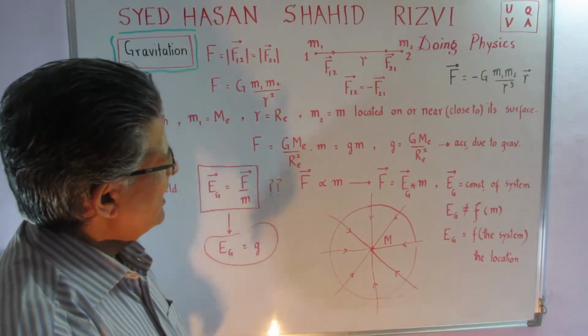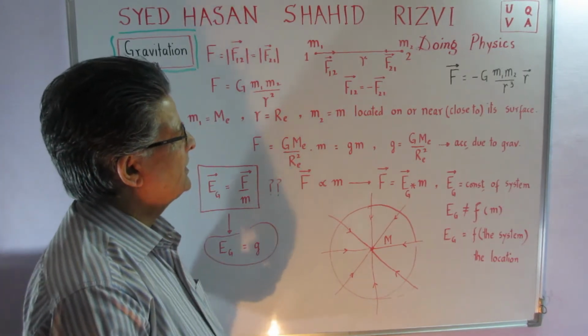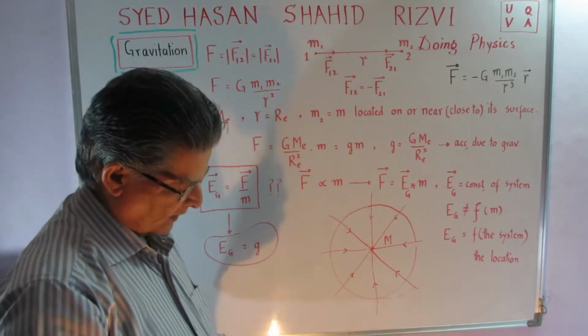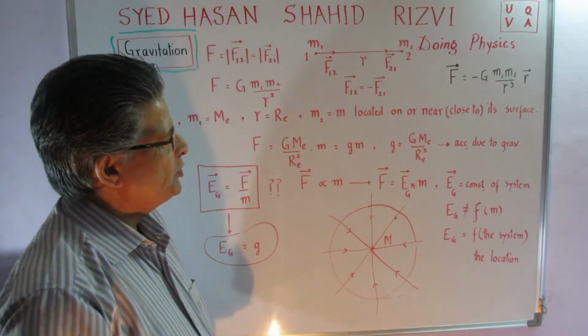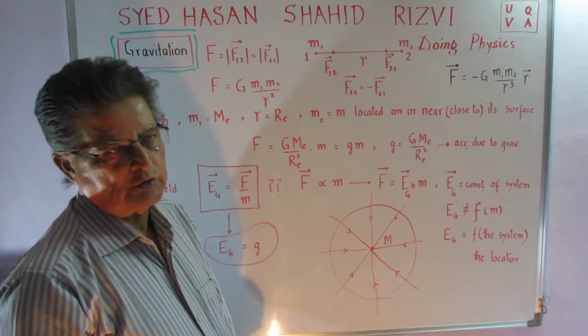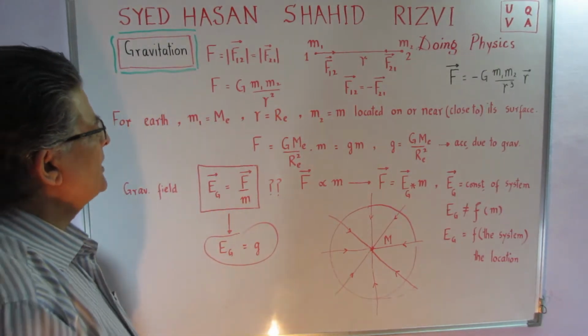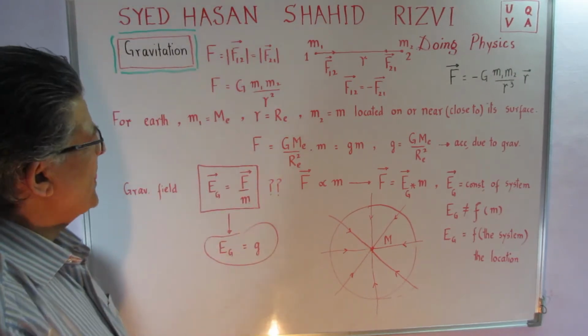From the third law we find that F12 is equal to minus F21, so we can write that F12 plus F21 is equal to 0. It's not very difficult, we have already done that.